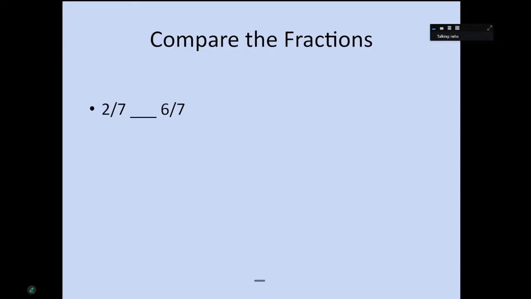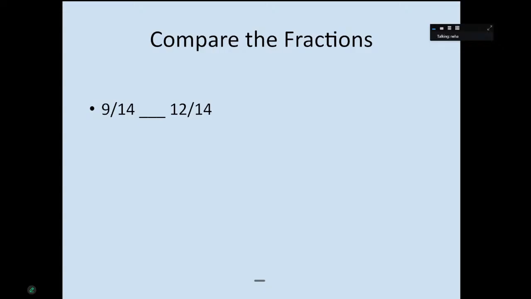In this comparison, we have 7 as the same denominator and 6 and 2 as the numerators, and 6 is greater than 2, which means it has to be the greater fraction.